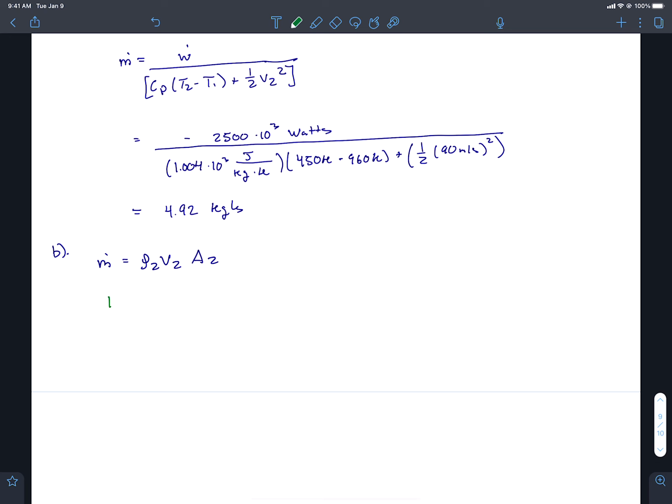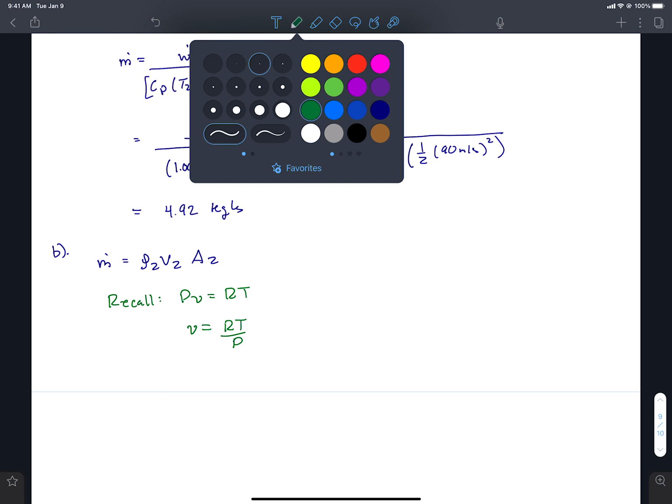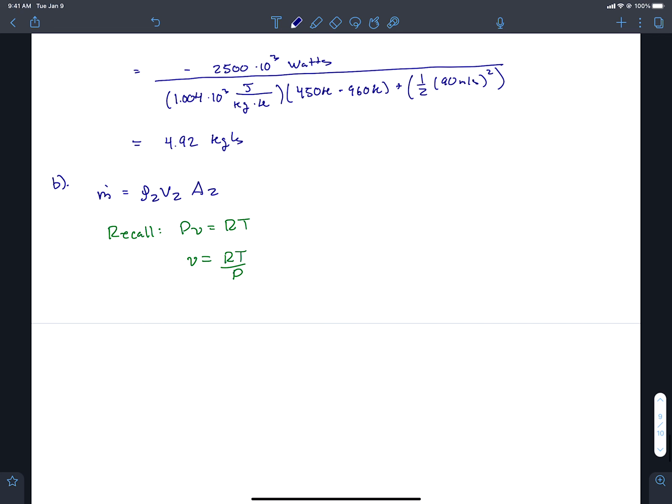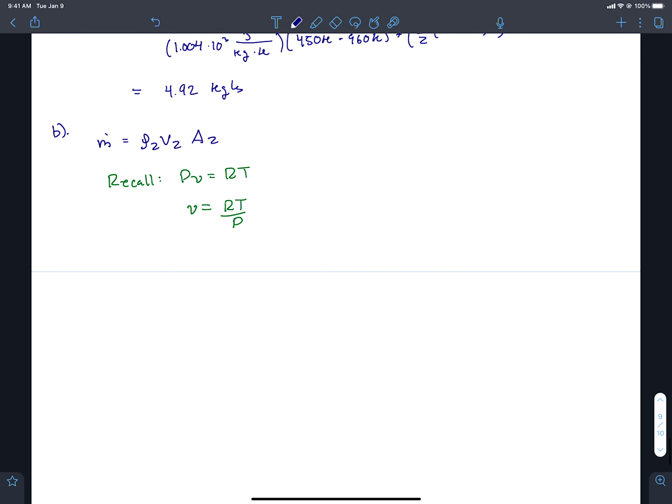So recall P mu equals RT. So again, using specific volume. So mu is RT over P. And then what that's going to give us is, I'll just start a new page. M dot equals V2 A2 over mu2.